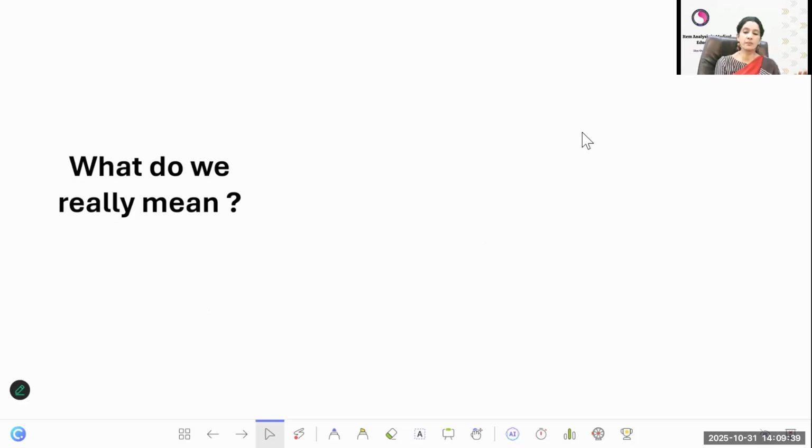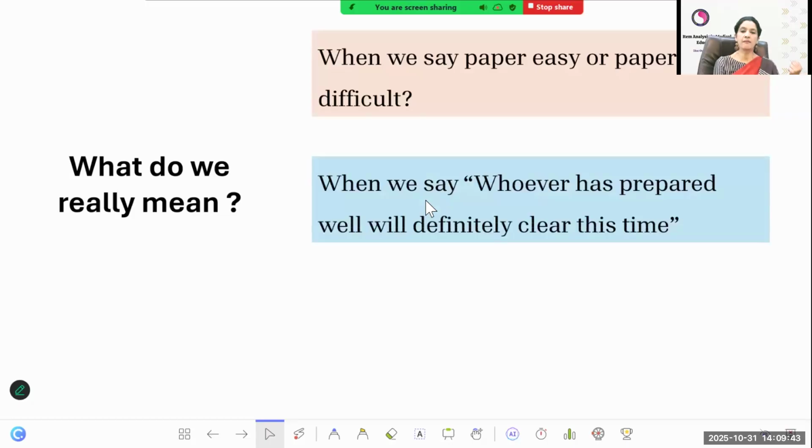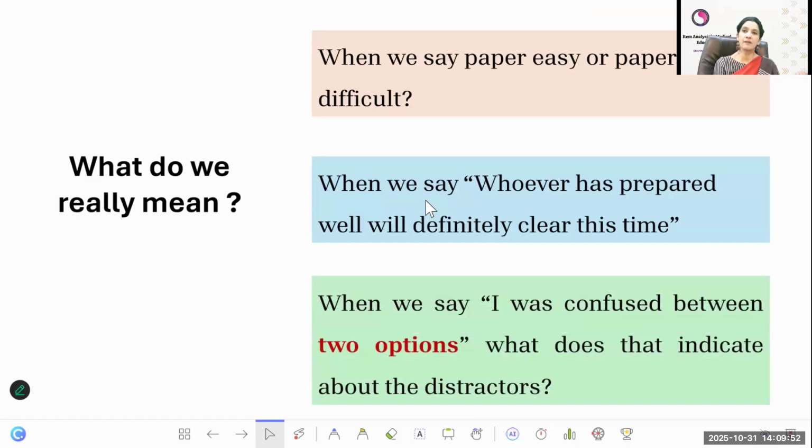So what do we really mean by all these statements? Whenever we say that the paper was easy or difficult, and when we say that whosoever has prepared well will definitely clear this time, and when we say that I was confused between two options, what does this indicate about the distractors? These are three things. The first, the paper being easy or difficult, tells you about the difficulty index, which we also call the facility value.